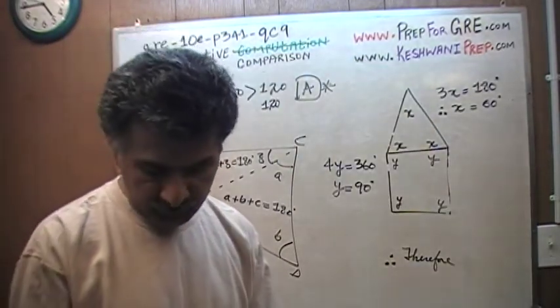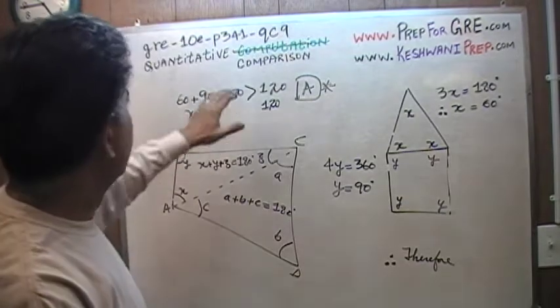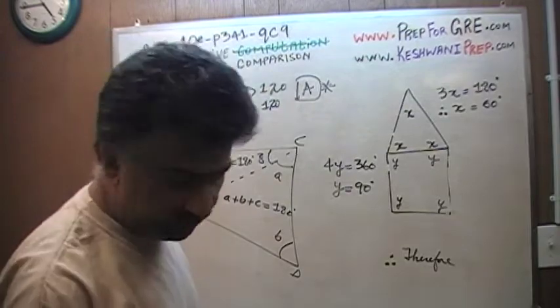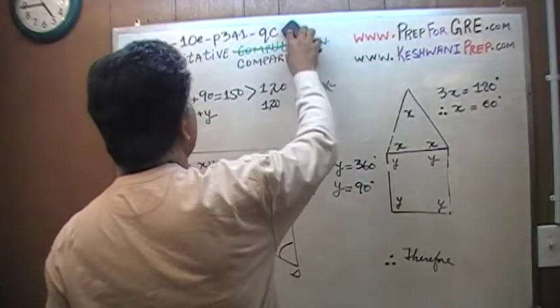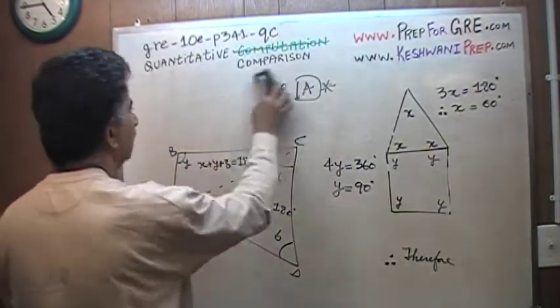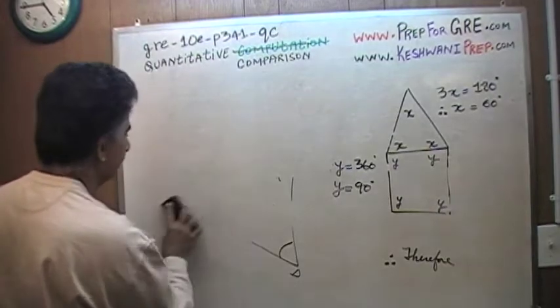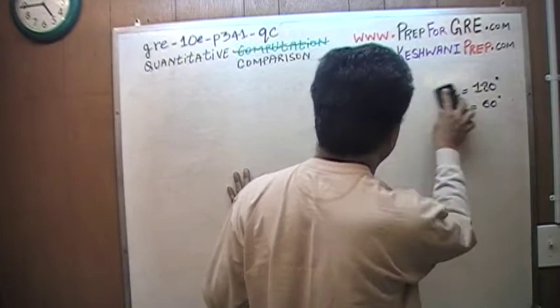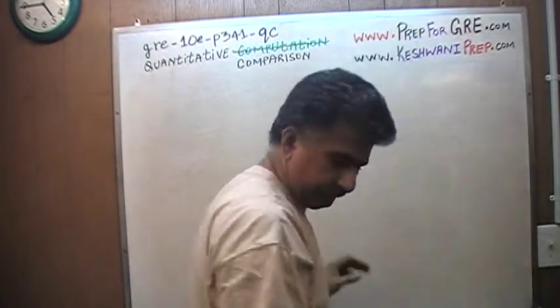The problem that I'm about to solve is the one that you're going to find on page number 341, quantitative comparison question, hence the QC, number 10. Let's take a look at it.